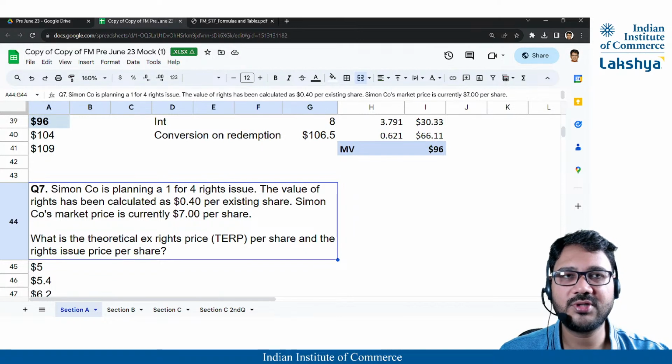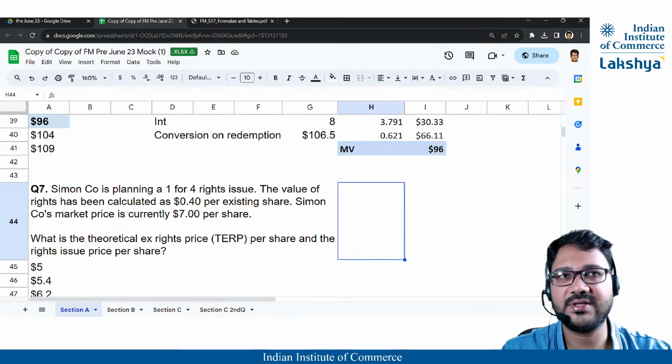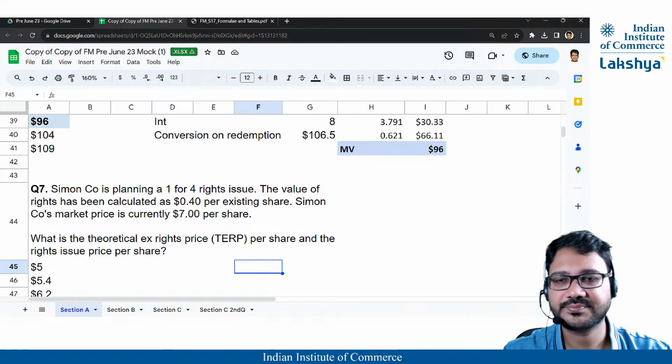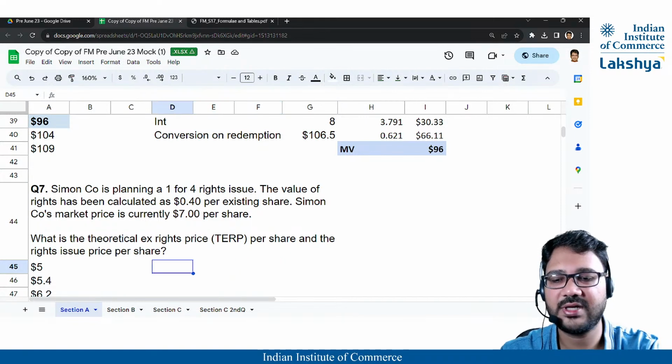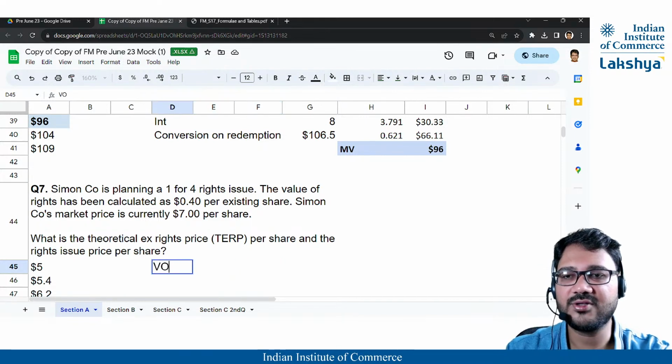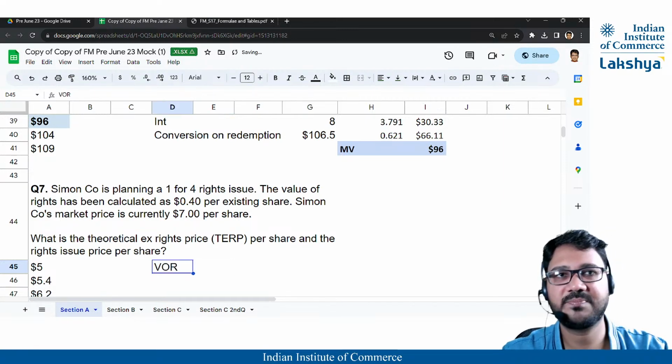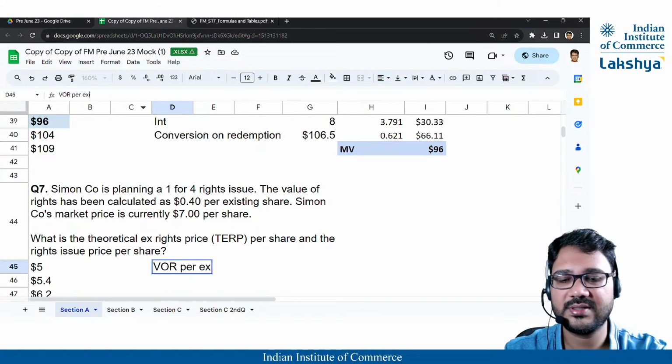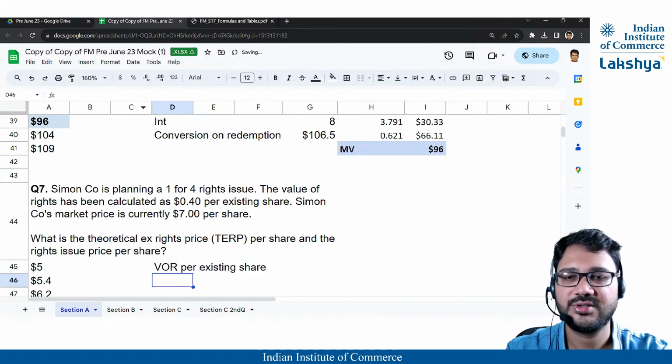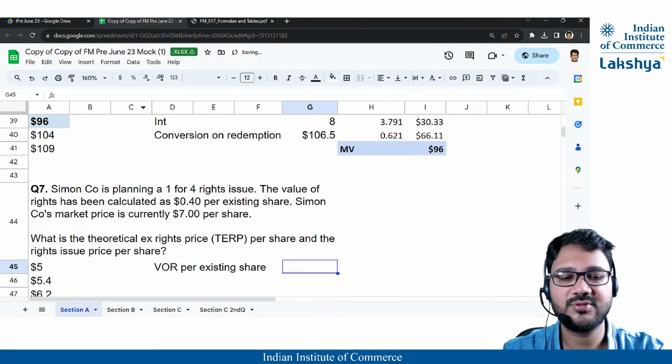Okay. So the information we have is the value of a right. The value of a right has been calculated and this is per existing share, equal to $0.4.